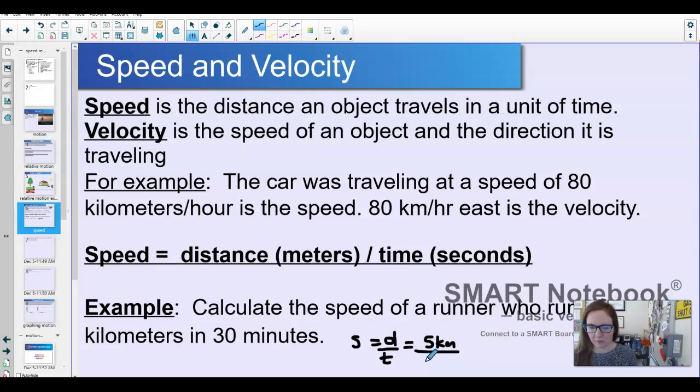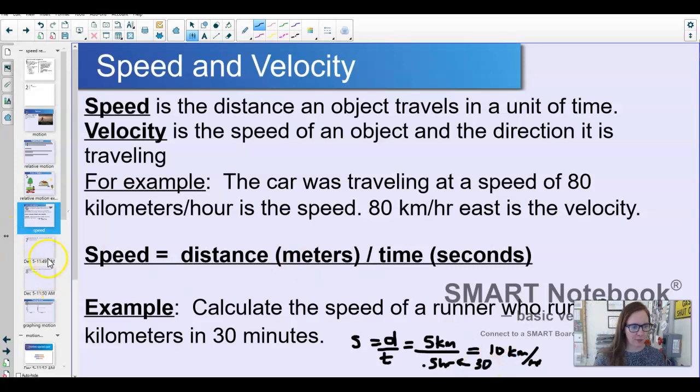We don't usually do kilometers per minute. So 30 minutes is a half of an hour. So if I divided by 0.5 hours or 1/2 hours, I would get 10 kilometers per hour. If you divided by 30 here, that's okay. You would have gotten 0.17 kilometers per minute, and that's okay.